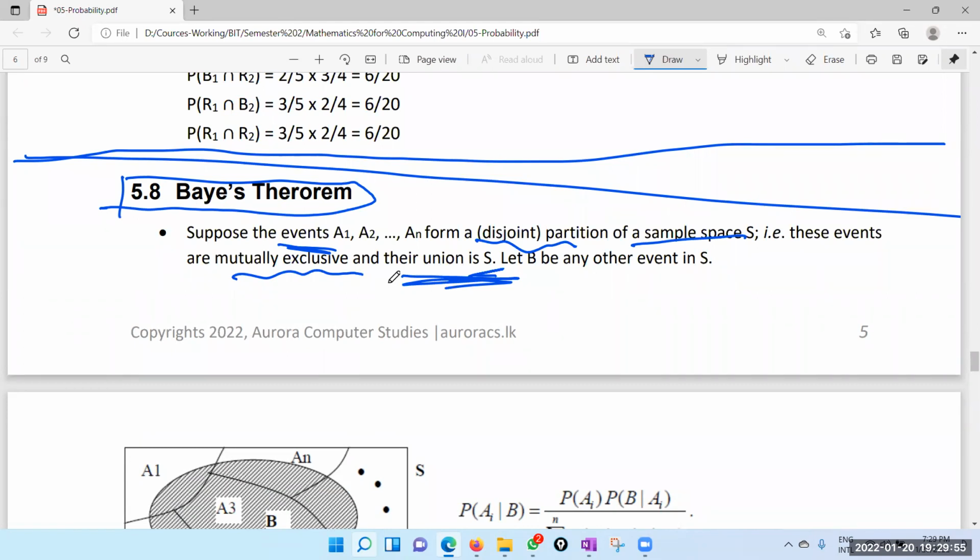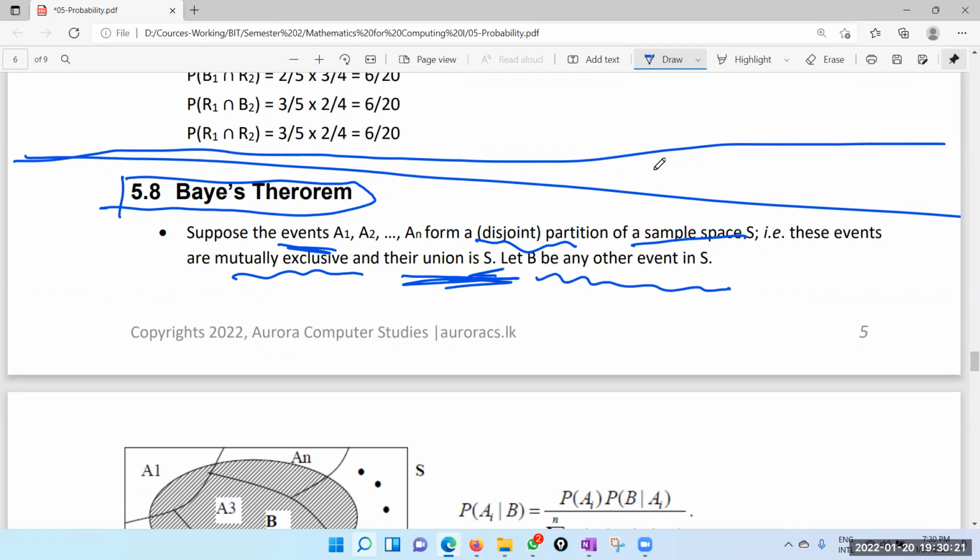Right. So in this very special case, what is that very special case? We have A1, A2, A3 to AN events which are mutually exclusive and its union is the sample space. So those events have covered the entire sample space. In that kind of a situation, let B be any other event in the sample space.